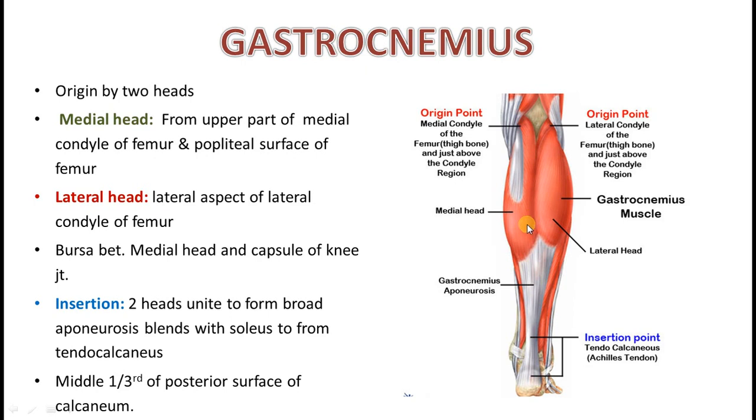So these two heads unite to form a broad aponeurosis, which will join with the soleus and form a tendon called the tendocalcaneus. The tendocalcaneus gets inserted into the middle one-third of the posterior surface of the calcaneum. The other name for the tendocalcaneus is the Achilles tendon.